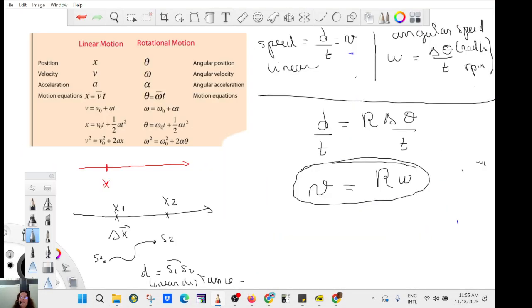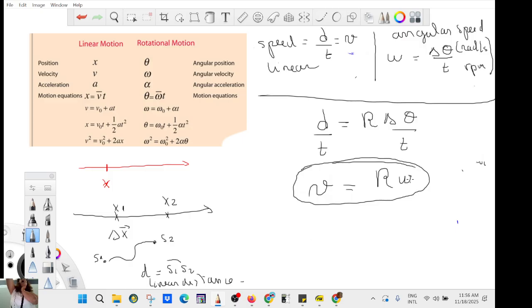Okay, so we have this relationship here. Now, omega is the rate of spin and it has a direction. If you look at my hand like this, I'm going to put the thumb here. If it's rotating this way, the rotational speed is a vector and it will have the same direction as my thumb.